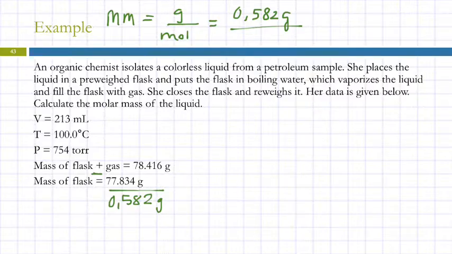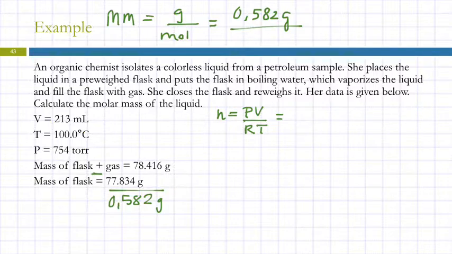I need the number of moles of the gas, right? So like the previous problem we did, we're going to use the ideal gas law. n equals PV over RT. And so we need pressure, volume, temperature. In this problem, they're already listed out for us. But what do we need to do with these units?